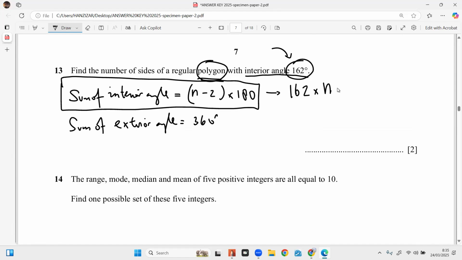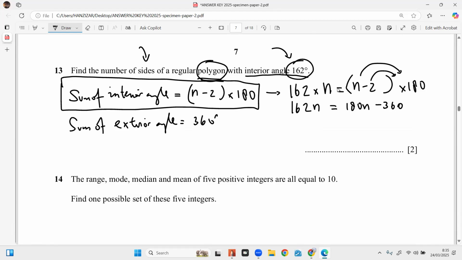So the sum is 162 plus 162 plus 162, for n sides, equals n minus 2 multiplied by 180. See how wasteful it is? Okay, no problem. Do it. 180n subtract 360. That is not wrong. This is a right way also, but way more unnecessary working. Negative 18n equals negative 360. So n is 20, guys.